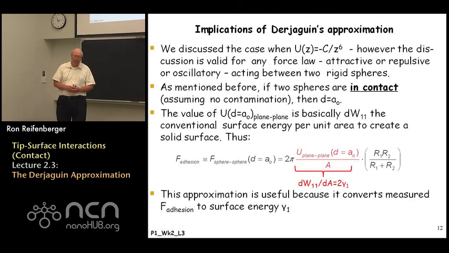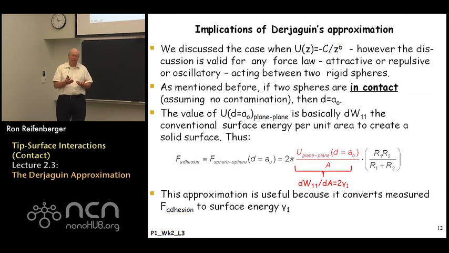So the implications of this Derjaguin approximation are quite far-reaching. Basically, the end result is that the force of adhesion between, let's say, two spheres, spheres of radius R1 and R2, can be related back to this very fundamental quantity of the interaction potential energy per unit area.